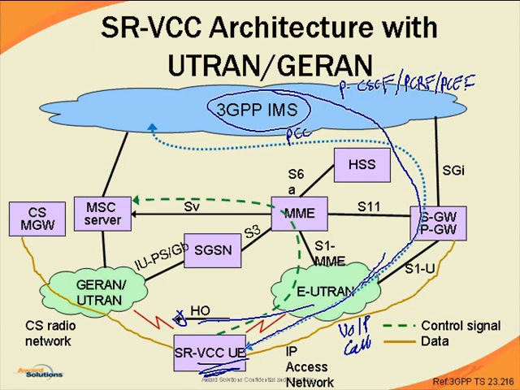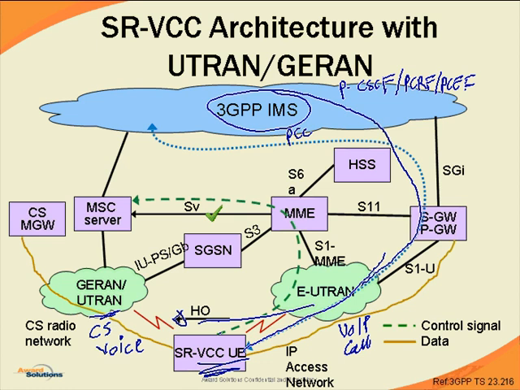And when we do the handover, we have to move the voice call because the legacy technology is all circuit switch voice. So we have to do the handover from packet switch voice to circuit switch voice. And to help us do that, we have this new interface. SV is the new interface. And the MSC and the MME will work together so that we can do signaling between the two entities to take care of the handover.